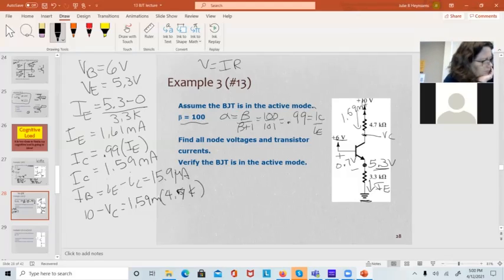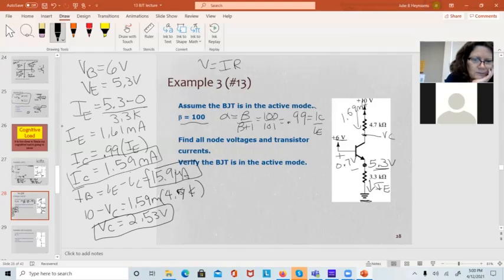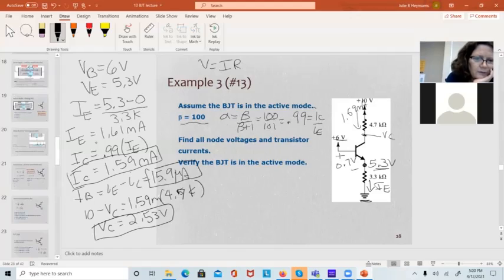VC is 2.53 volts. Okay, so we've got VC, we've got IB, we've got IC, we've got IE, we have all the currents.